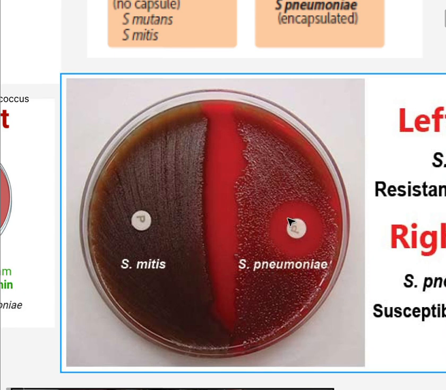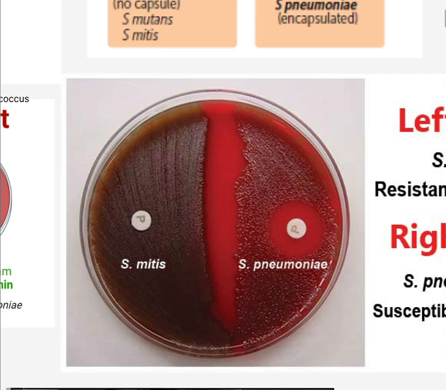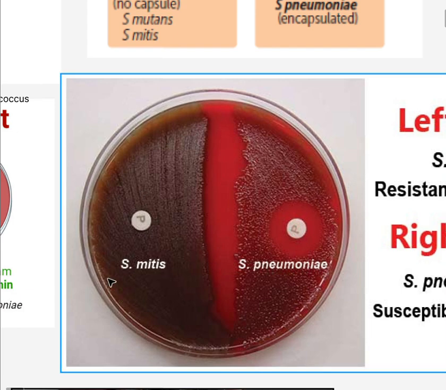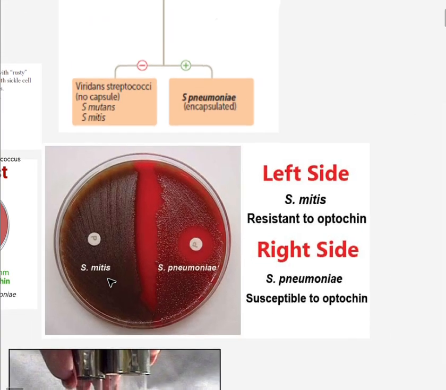This is the zone of inhibition on an actual plate, and this is your Strep mitis, which was not inhibited by the optochin, but the Strep pneumoniae was. Why does optochin kill pneumococcus? Because optochin interferes with the ATP production in the pneumococcus species. The pneumococcus is susceptible to this, but the viridans streptococci are not. So S. mitis still survives, right?